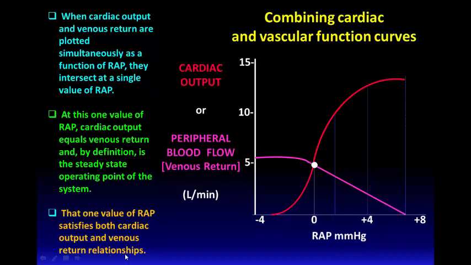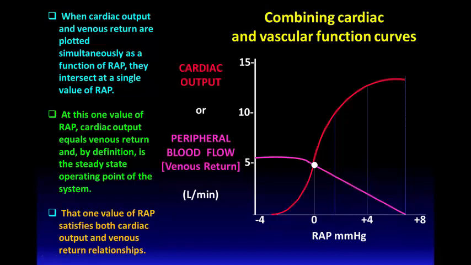We mentioned that cardiac output is directly proportional to the right atrial pressure. As right atrial pressure increases, cardiac output increases. However, venous return shows an inverse relationship with the right atrial pressure. As right atrial pressure increases, venous return decreases.